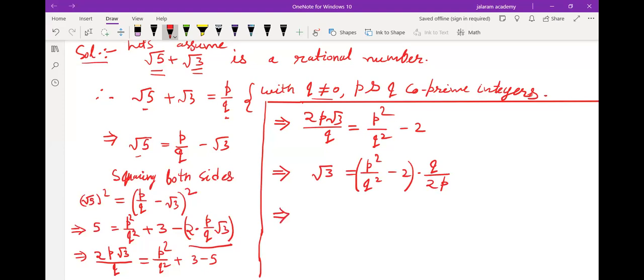It implies root 3 equals, when we multiply p square by q square with q by 2p, p square by q square into q by 2p minus 2 into q by 2p.